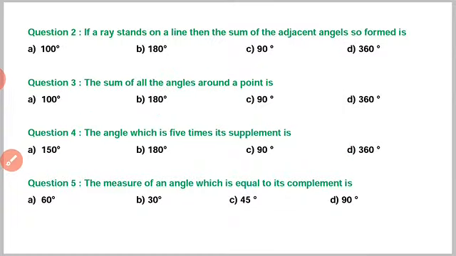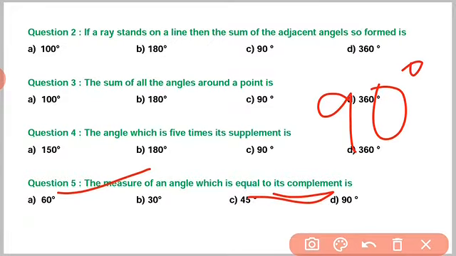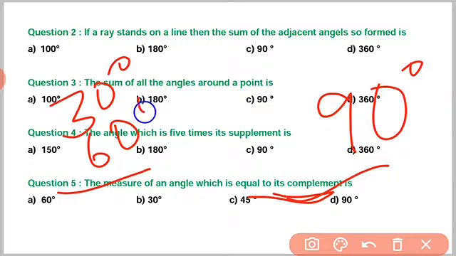The measure of an angle which is equal to its complement. We know that two angles are complementary if their sum is equal to 90 degrees. So here we have been asked which is the angle which is equal to its complement. Means if there is an angle of 30 degrees, its complementary angle will be 60 degrees, and these two are not equal.